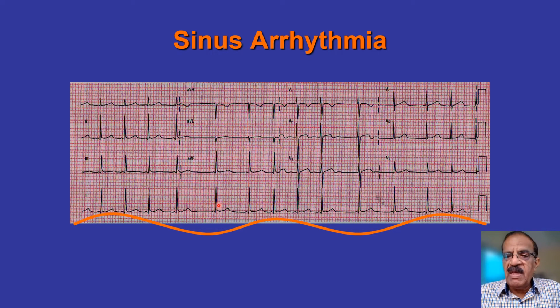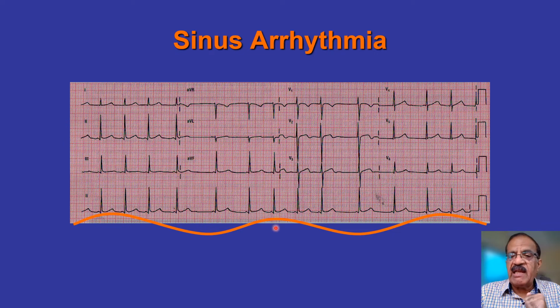Sinus arrhythmia may be a relatively benign condition in some people, especially young people, or it could indicate some problem related to the heart or body or mind. That is actually beyond the scope of this lecture or this video. Here you should be able to identify sinus arrhythmia. I think this variation in heart rate you would immediately identify, but then you should concentrate on whether there is a cyclical pattern.